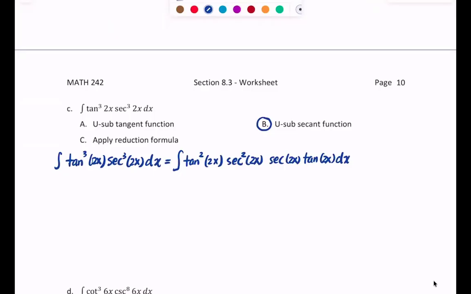I'm going to reserve that for the du. So I have now two tangent left, two secant left for the use of part. And since I'm use of secant, I've got to convert that tangent to secant. So tangent squared is secant squared minus 1.